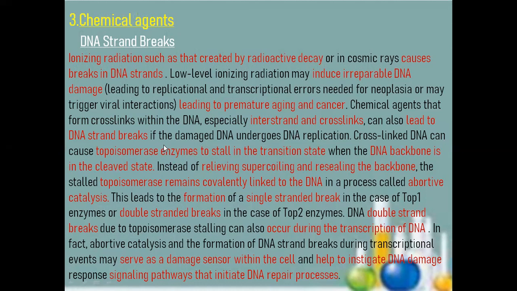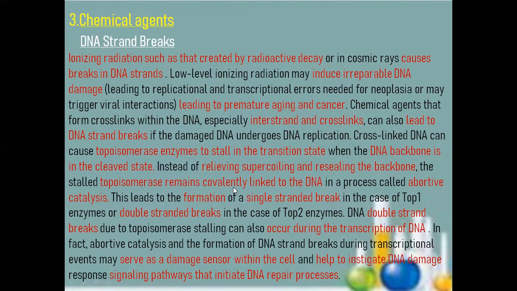DNA crosslinks within the DNA, especially interstrand crosslinks, can lead to DNA strand breaks. If the damaged DNA undergoes replication, cross-linked DNA can cause topoisomerase enzymes to stall in the transition state, when the DNA backbone is in the cleaved state, that is, when there is a break in the DNA backbone.